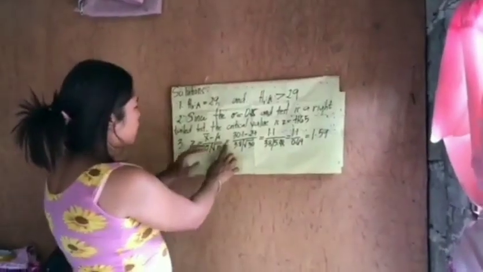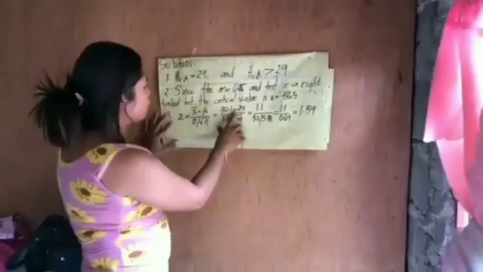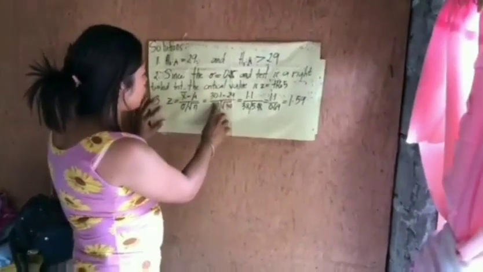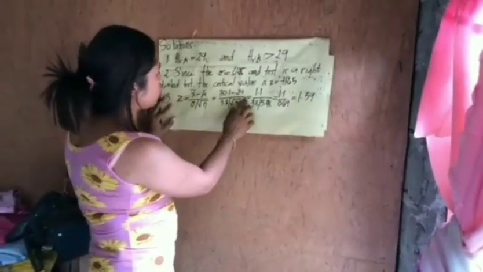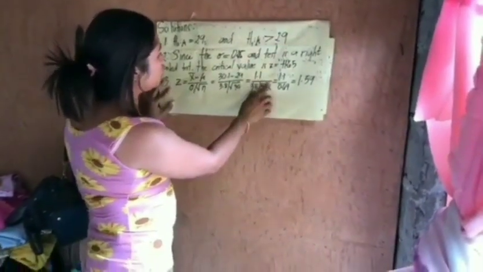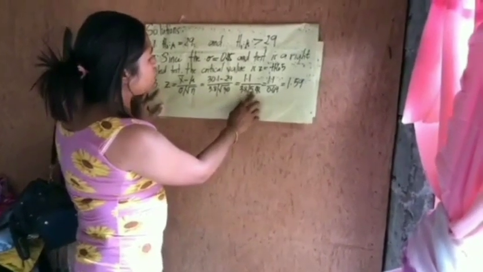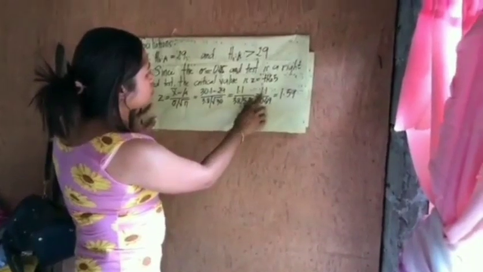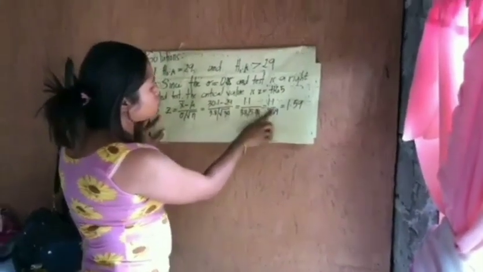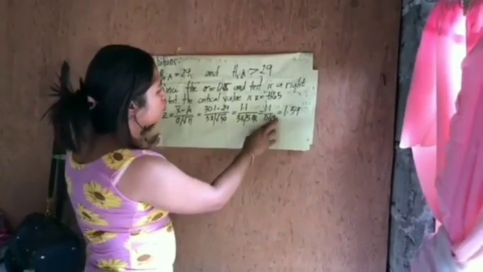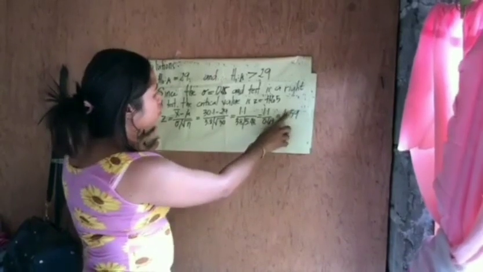So here we write our given. So 30.1 minus 29 over 3.8 divided by the square root of 30, so equals 1.1 divided by 3.8 divided by 5.48, and the result is 1.59.